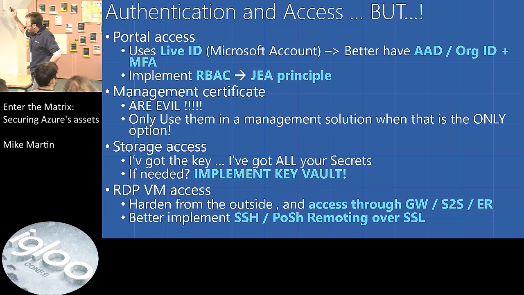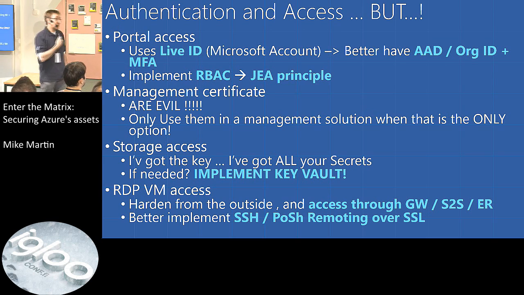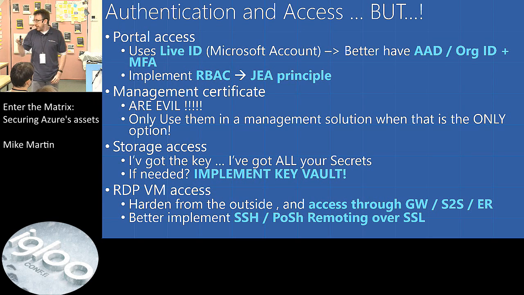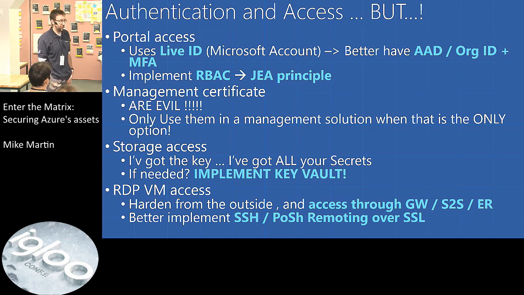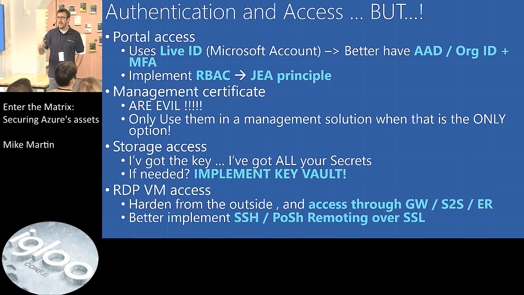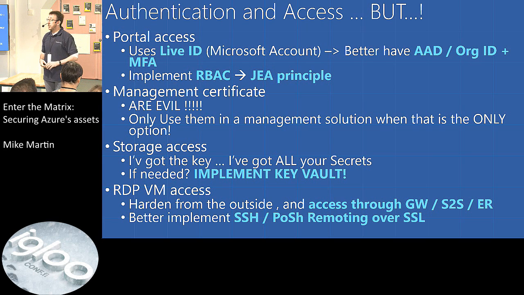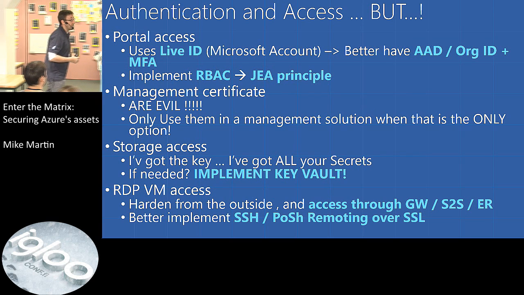When it comes down to VM access, virtual machine access, when it's really IaaS, don't go direct. Go from the inside. Do RDP access from the inside. Harden your virtual network if you're using it as a private extension to your network.